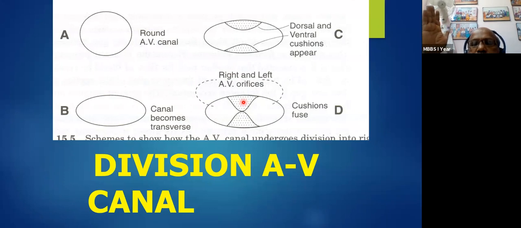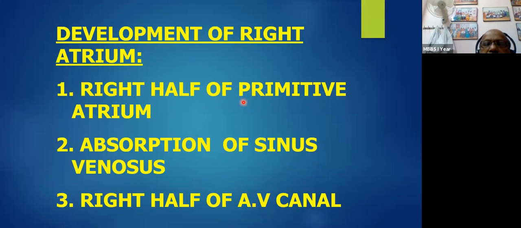The AV cushion is nothing but the septum formed in the atrioventricular canal to divide it into right half and left half. Be clear with that. So the atrioventricular canal is also divided into two. Now the development of the atrium, first the right atrium.